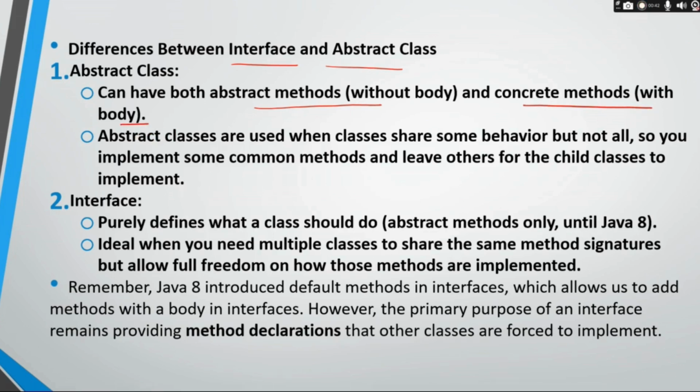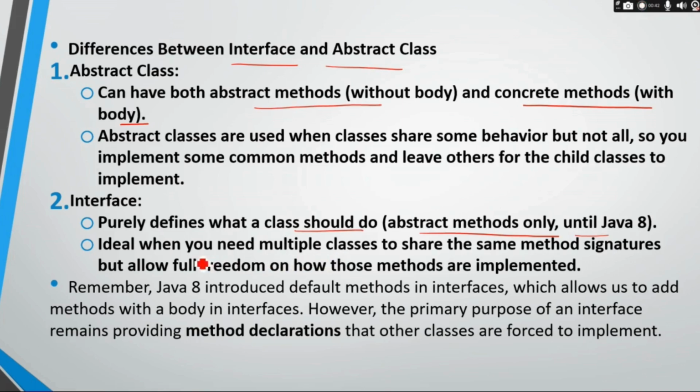So this means you can have some methods fully implemented while others just have placeholders for child classes to define. But an interface clearly defines what a class should do, with abstract methods only until Java 8. Of course, after Java 8, they can have default methods also.